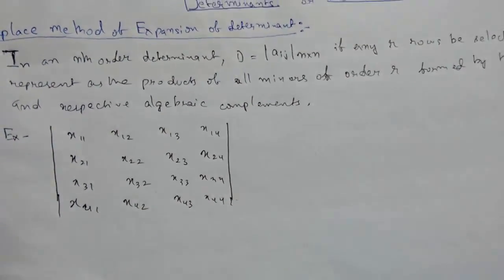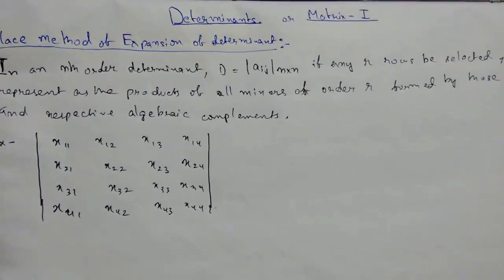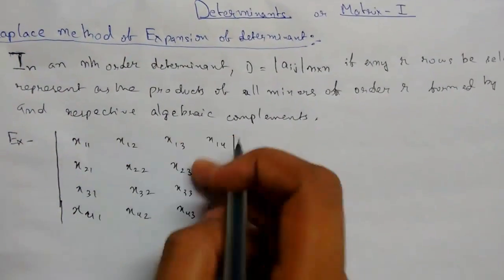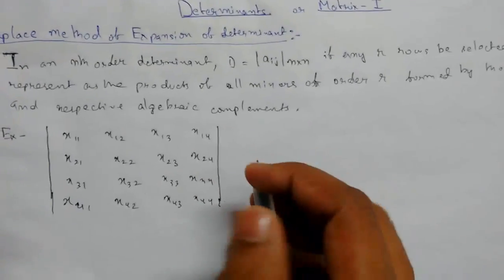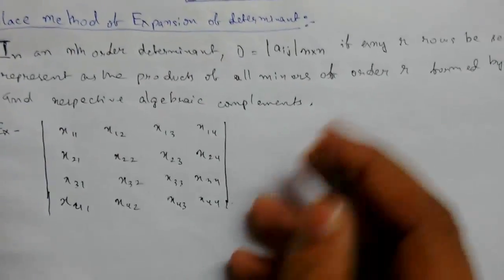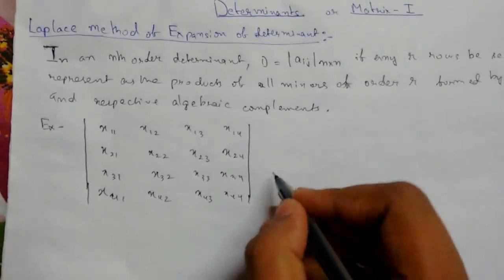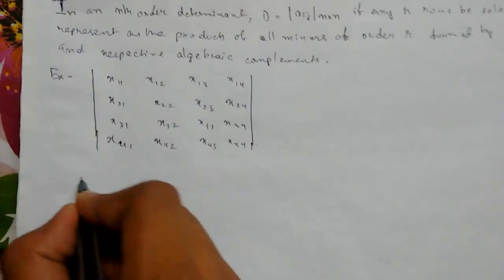Now we need to expand this in terms of minors of order 2 from the first two rows. We can take any two rows, but the first two rows is generally the trend, so we need to do it by the Laplace expansion rule.